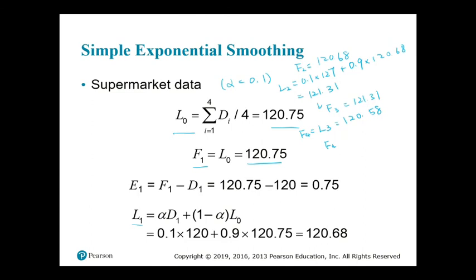Then L4 is 0.1 times D4, which is 122, plus 0.9 times 120.58, equals 120.72. And this is our forecast for week 5.